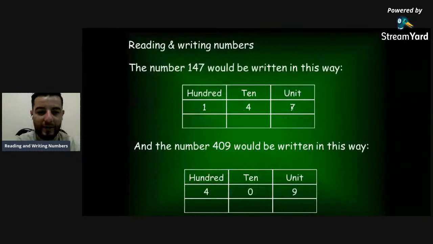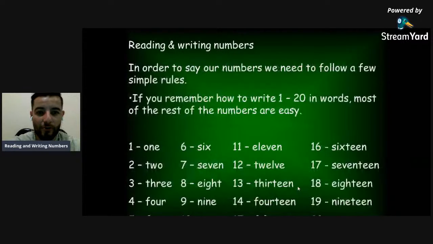Here in this example, we use a 0 as a connector and we change it to "and". We don't mention the 0, so it will be four hundred and nine.